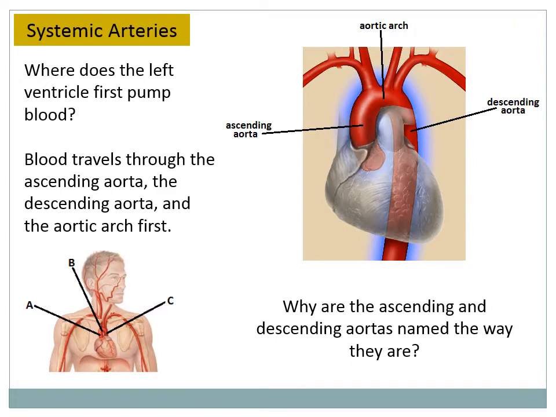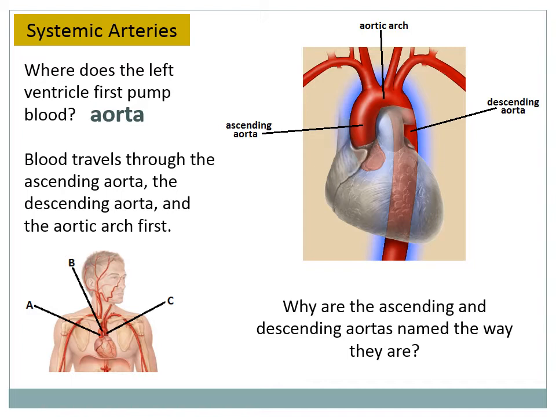All right, before we dive right into all the systemic arteries, we're going to first do just a little bit of review here. So where does the left ventricle first pump its blood? If you remember from the heart, your left ventricle is going to go through the aortic semilunar valve and into the aorta, right? So the aorta is going to be where we first pump blood. Blood actually goes through the aorta, and there's three different parts to the aorta that we're talking about.